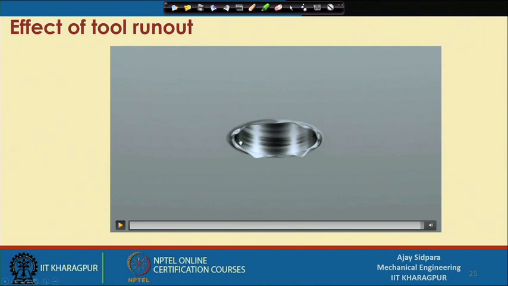Because of that you are not maintaining the relation between uncut chip thickness and cutting edge radius, and efficient material removal will not take place. So there are two issues: one is on the material side, where you end up with burr formation and some material integrity issue. The other is on the tool side, where your tool life is very short when there is runout.